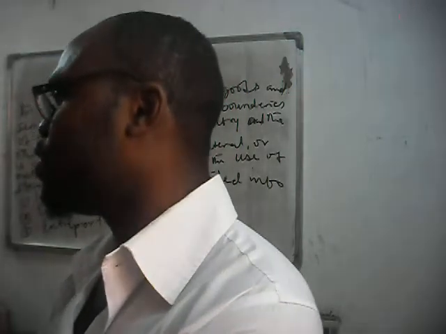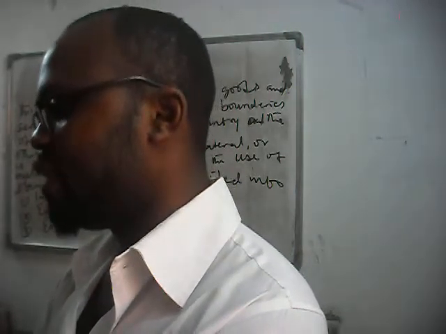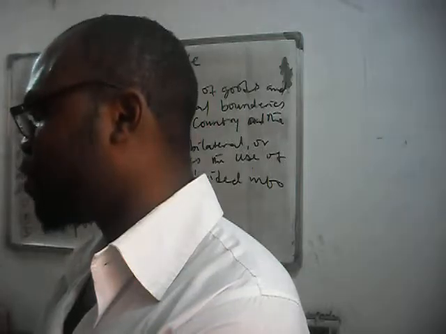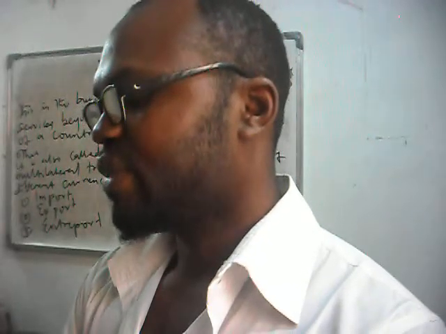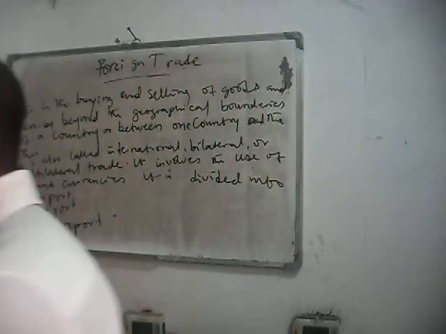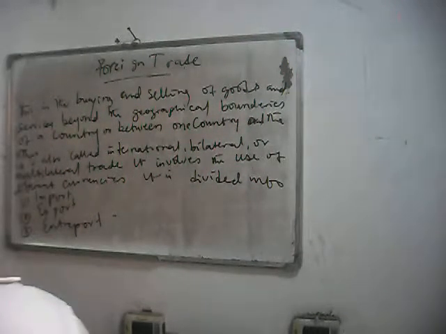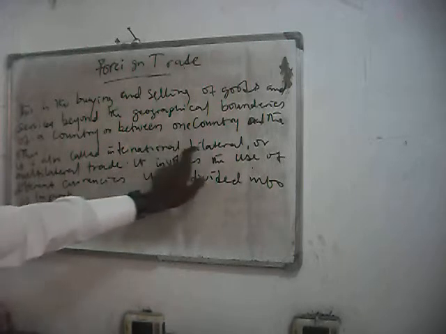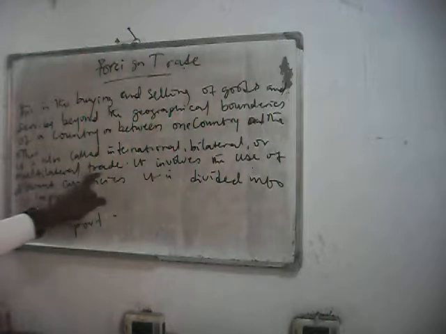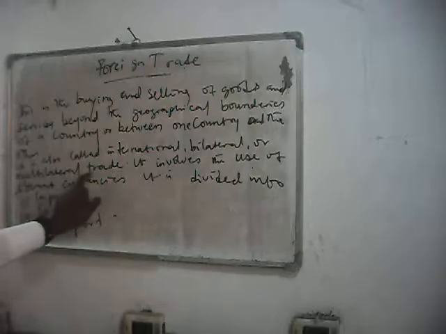When Nigeria exports its crude oil to the US, we are doing foreign trade, because one country is Nigeria and another country is the USA. Foreign trade can be called international, bilateral, multinational, or multilateral trade.